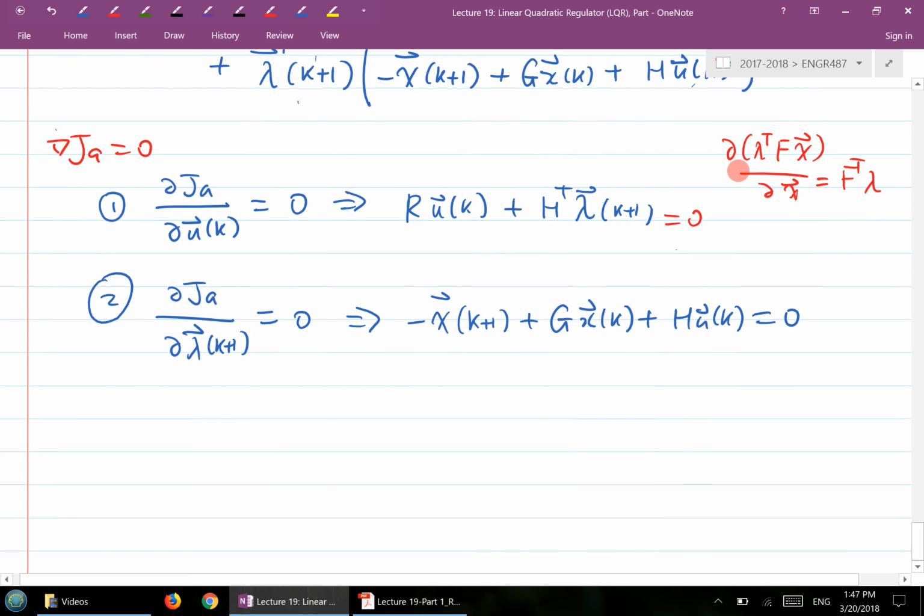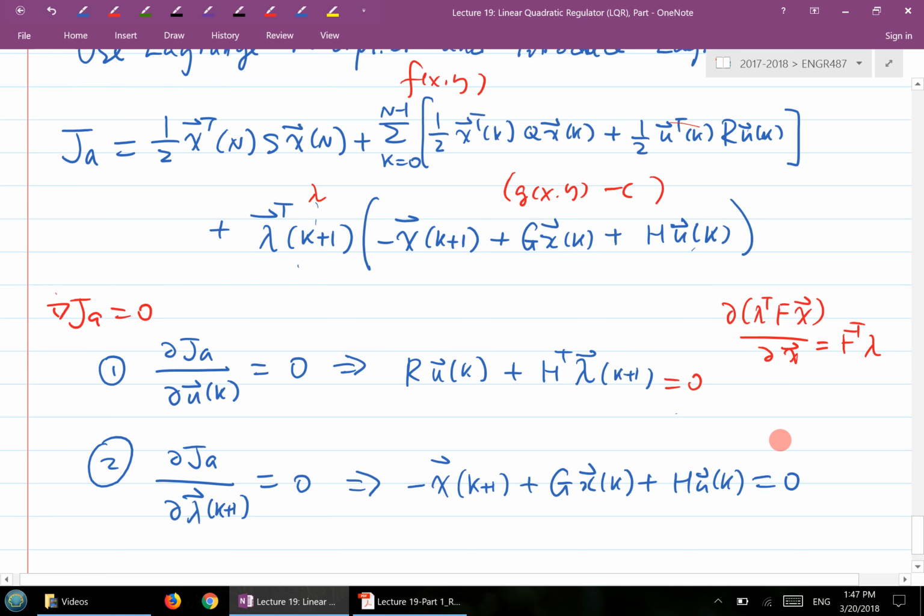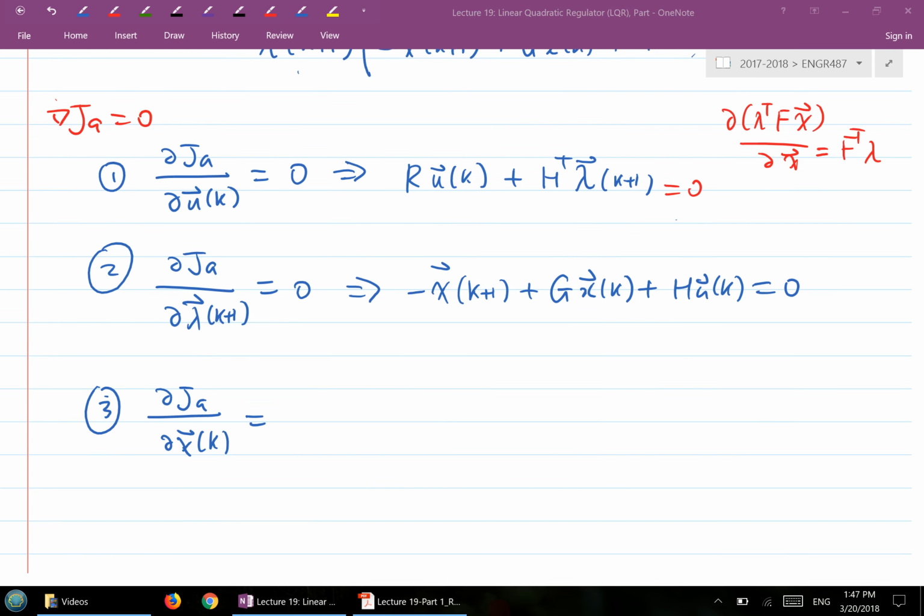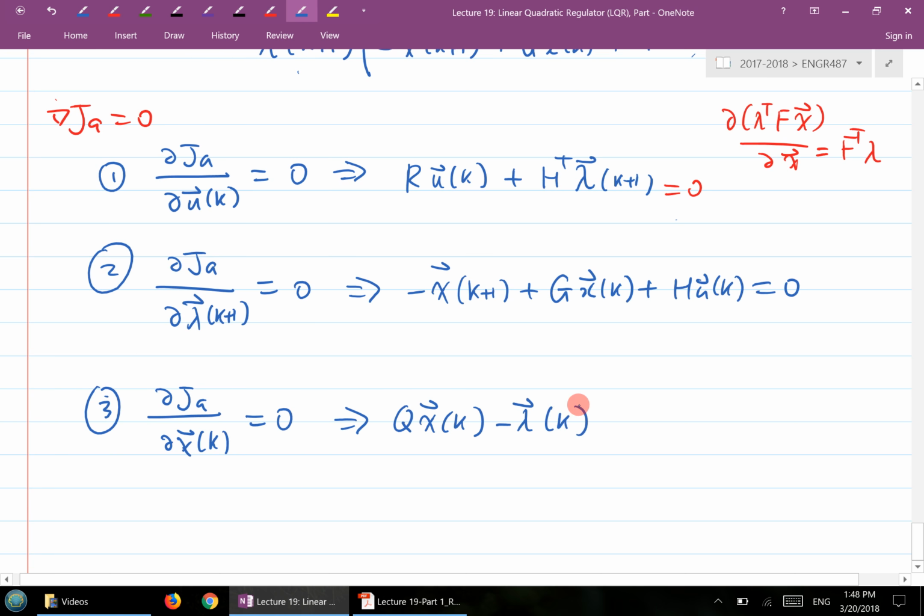And third is to take a partial derivative with respect to x. You essentially have three variables: x, u, and lambda. So the last one, take a partial derivative with respect to x. I'll go into a little more detail in the next lecture, but the result gives us Q x_k minus lambda_k plus G transpose lambda_{k+1} equal to 0.